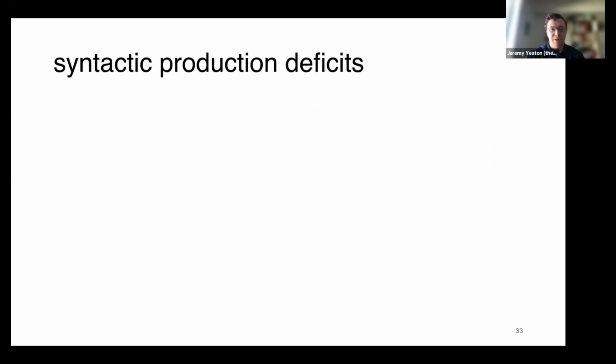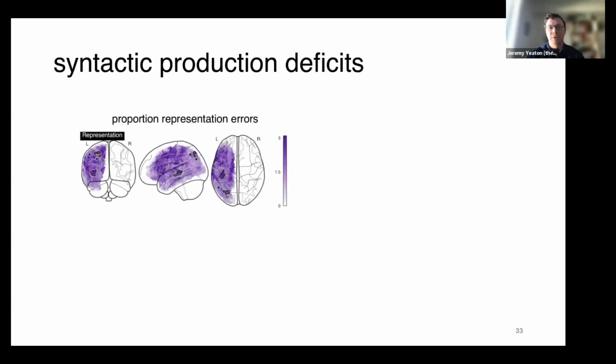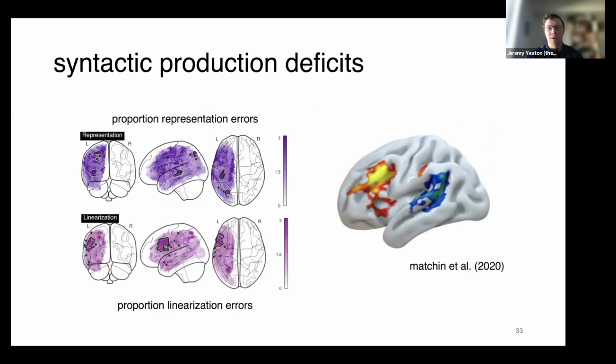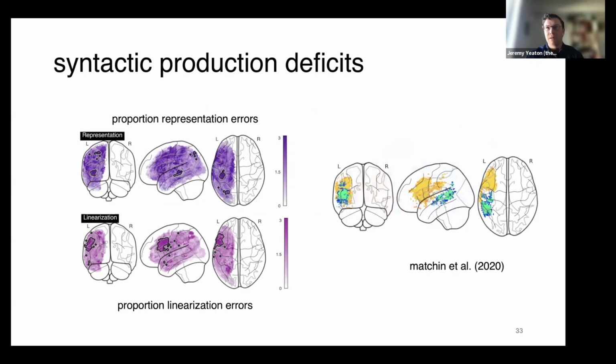So if we put these all next to each other, the representation level ones and the linearization lesions, and then compare that to the Machen et al. lesion map for agrammatism and paragrammatism, it seems like we do get some amount of alignment here.